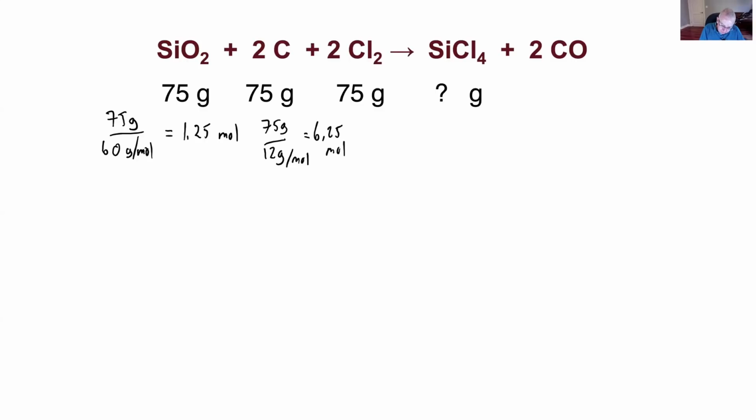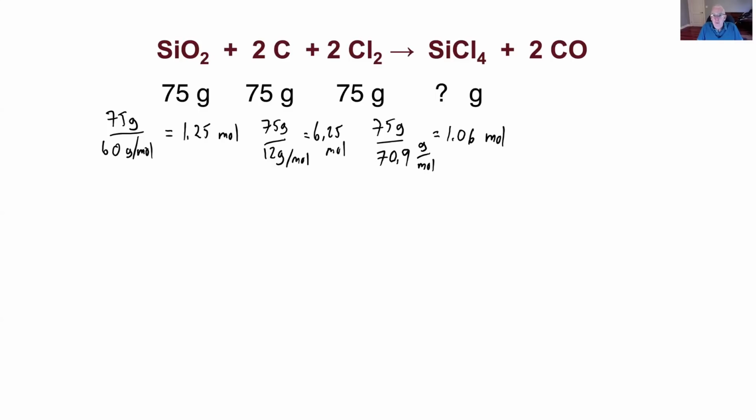And here I get 75 grams over 70.9 grams per mole. Again, you would probably need to go and look up atomic weights to do that. I happen to have just written down the molar masses in the notes that I have next to me, which is why I just know all of those. 1.06 moles, okay?